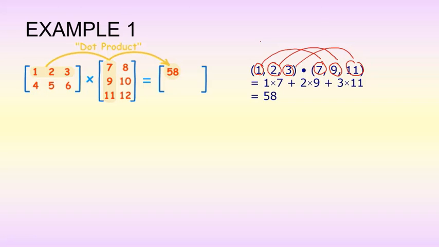This one is from the first row, this one is for the first column, and then we just total up so we can get 58.